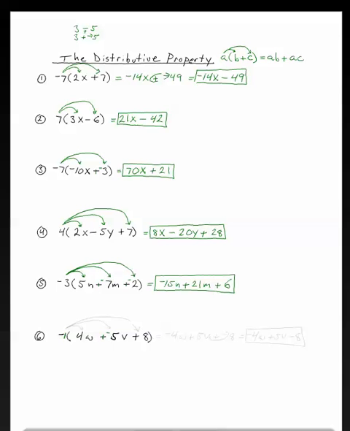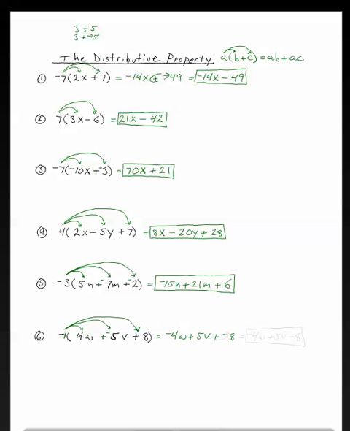And now I will distribute that -1 to each of the 3 terms inside the parentheses. So -1 times 4w is going to give me -4w plus -1 times -5v will give me a positive 5v plus -1 times 8 would give me -8.